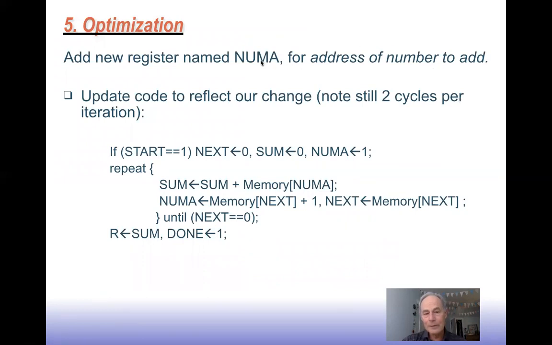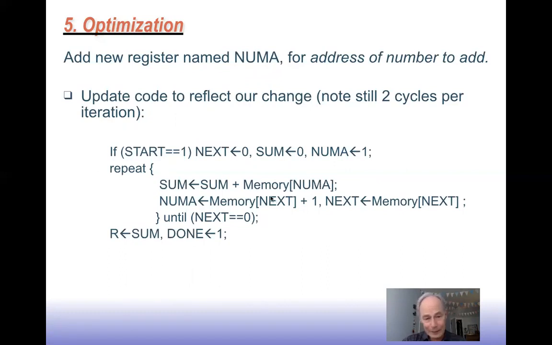If NUMA is a register, we assume it's going to hold a pointer not to a node, but to the X part of the node, the number to add part. That will change this first state to be something like this: sum gets sum plus memory of NUMA, right? Instead of next plus 1, we factored that plus 1 out and assume that NUMA is already next plus 1. It's the number to add.